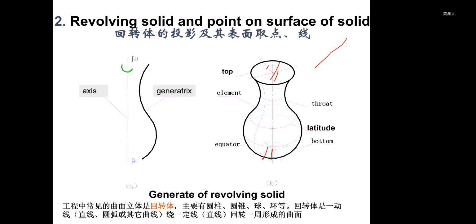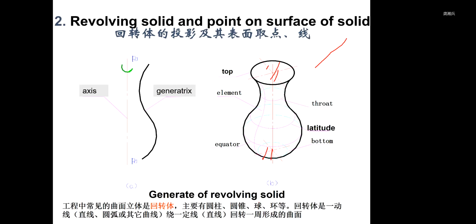In our engineering, this one is very visual. You can see it, just like a usual revolving object, like pipes, rings. Just like I have a ring, if you get married, you can get a ring.